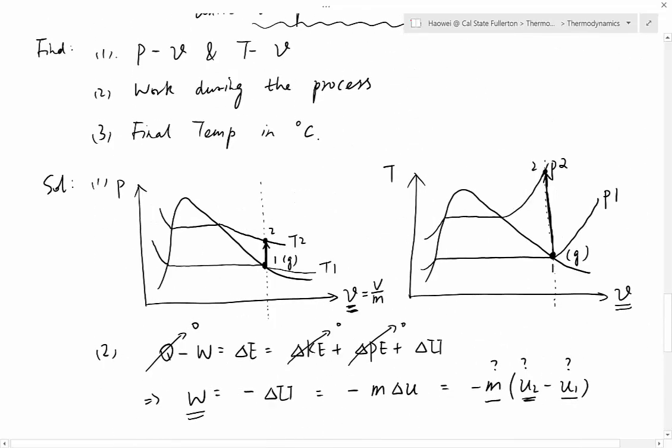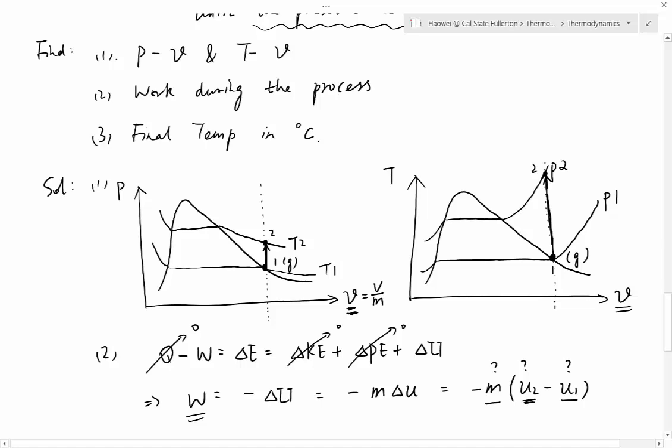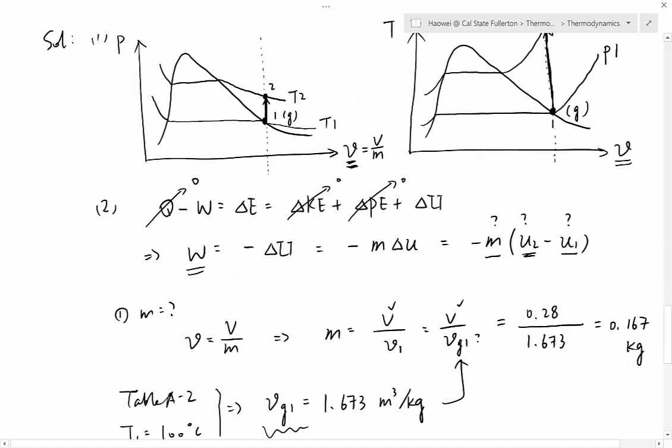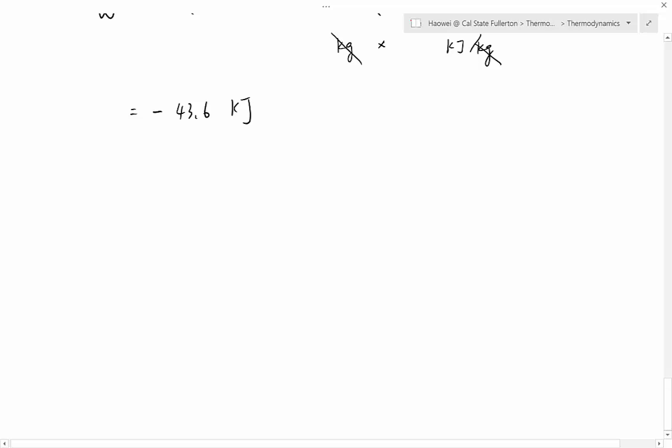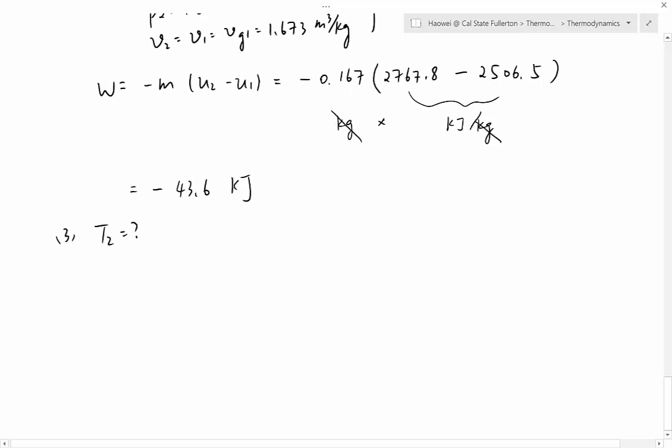Look for work. And then the third question is to look for final temperature. So we're looking for T2. Temperature is also a property. Like we said, if you're looking for the property of a substance, the first thing you need to do is to decide what's the phase of this point.